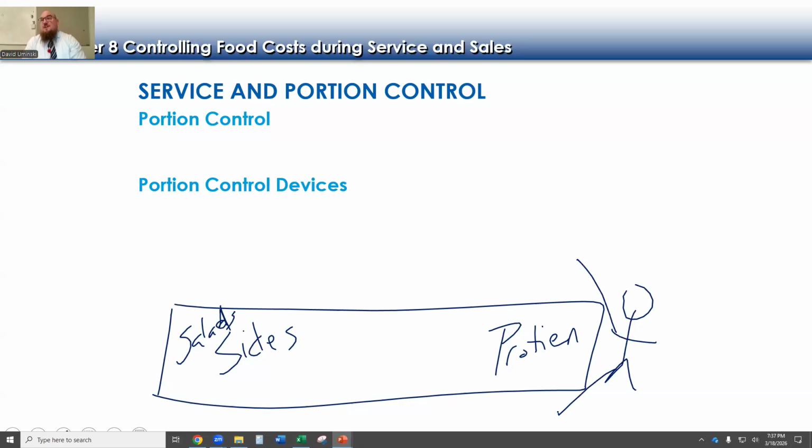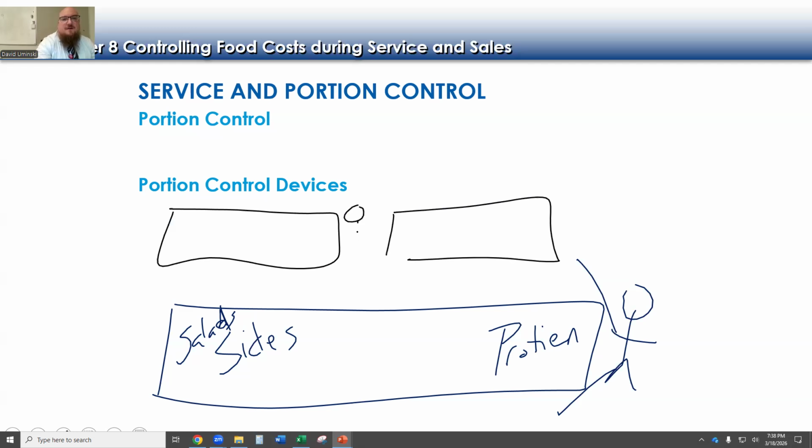If we have two proteins, something that I learned is you have a person stand right here and a person stand right here at the end, protein number 1, protein number 2, and that way you can control the portions that are going out.